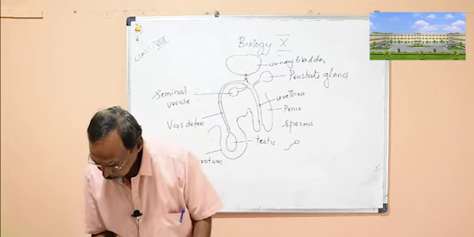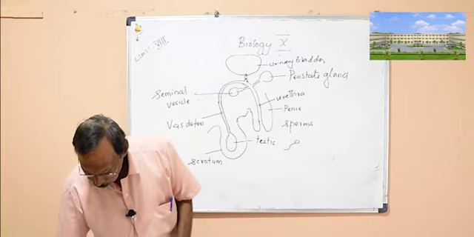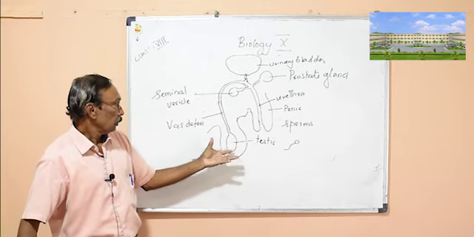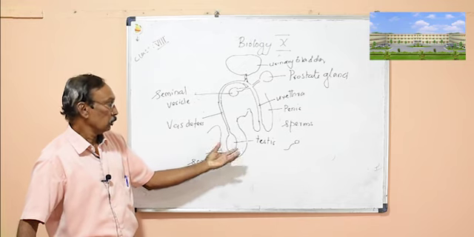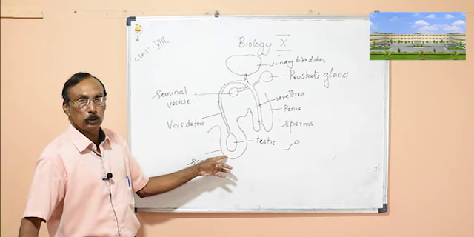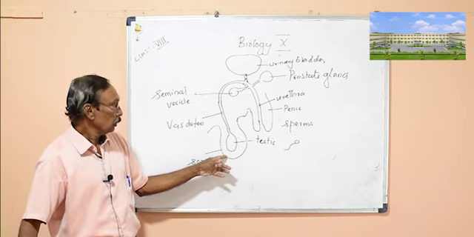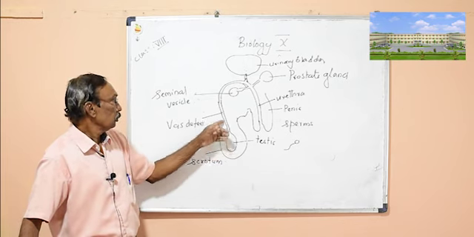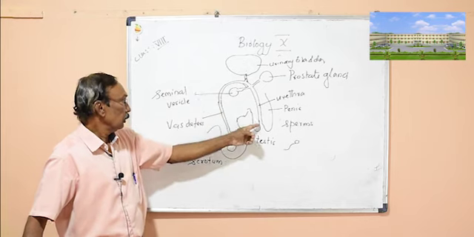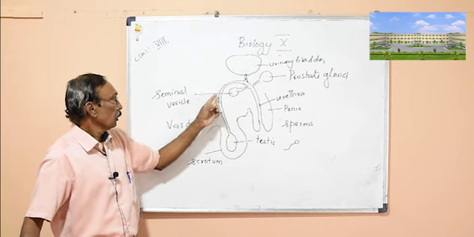I stop here. Once again, the testis is inside a bag outside the body called the scrotum, which provides a suitable temperature for sperm production. The tube connected from the testis to the penis is called the vas deferens.